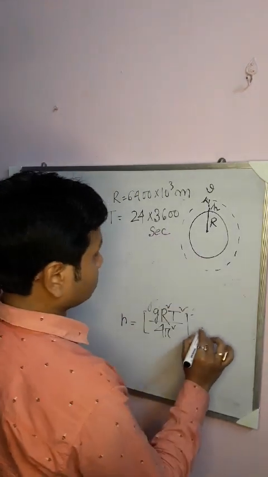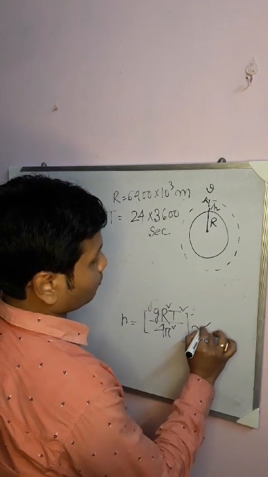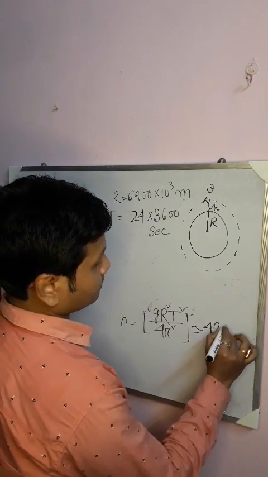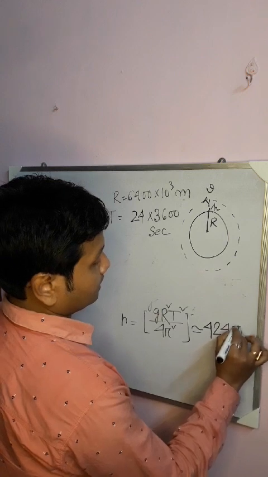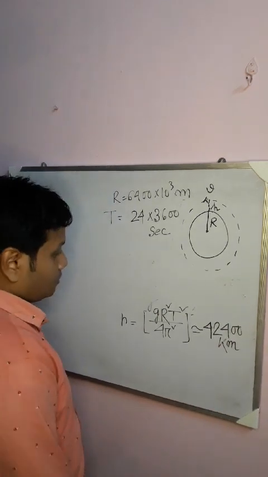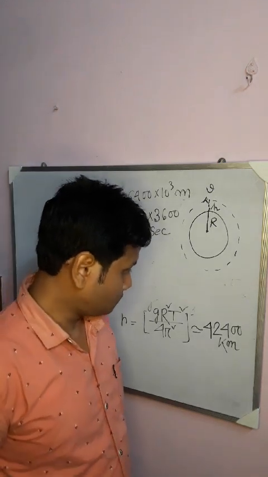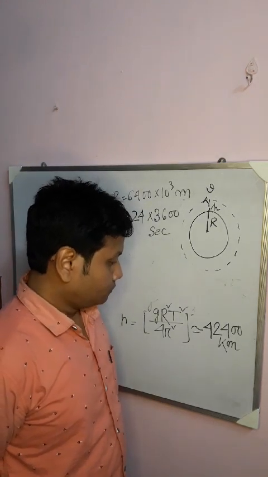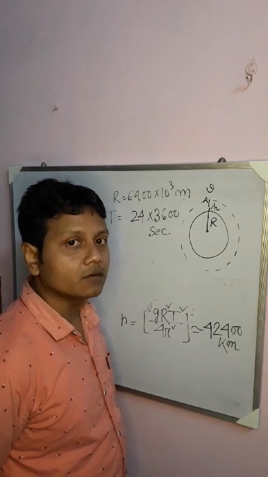If we substitute these values, then the value of r almost becomes this in kilometer.